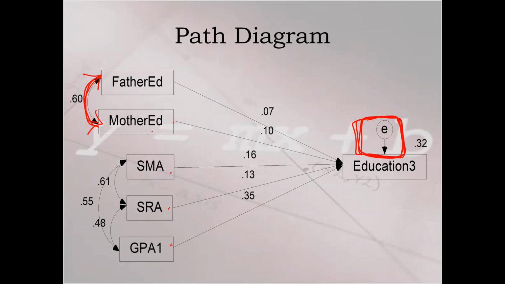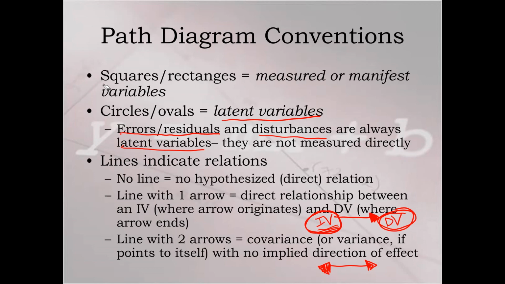The same is true, for example, with GPA and SRA scores. I'm saying that they are associated with each other, but I'm not saying that the amount of reading achievement you have is driving your GPA score. I could say that, but that's not what this path diagram is telling me. They're just saying, well, we think that they're associated with each other. Maybe it's all reflective of something else, but we don't really care. We just say they're associated with each other.